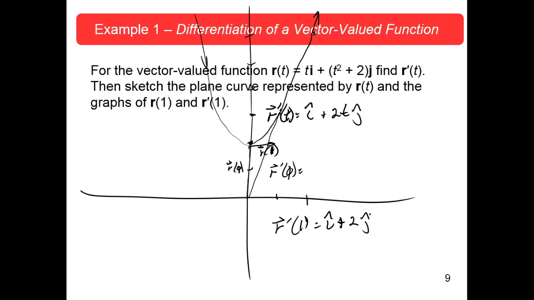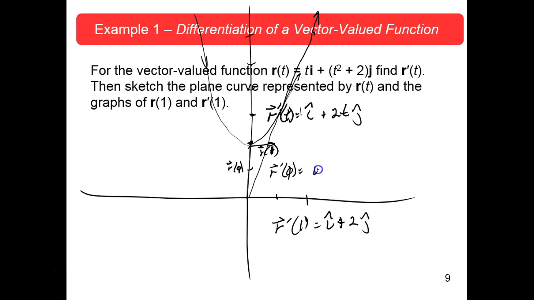Okay? Well, let's plot it. It's right here. And it would be 1I plus 2J. It would be something like that. And sure enough, it looks like it's tangent to the vector. It's a larger vector because it has I and J components, and the J component is larger.